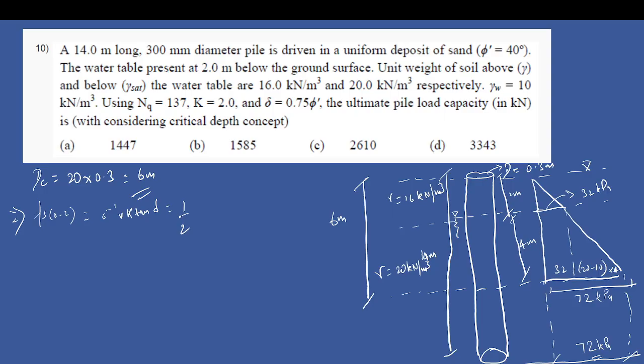I take overall directly, like 1 half into 32 into 2 plus 1 half into 32 plus 40 into 4, plus 72 into 8, and we'll do the rest afterwards. So fs is half sigma dash into b, right? Sigma dash is half into 32, k is 2, and then you'll be having tan delta.